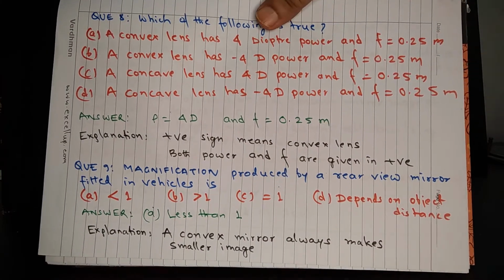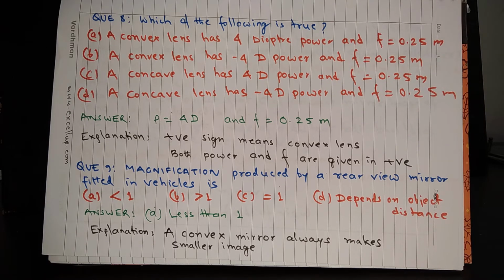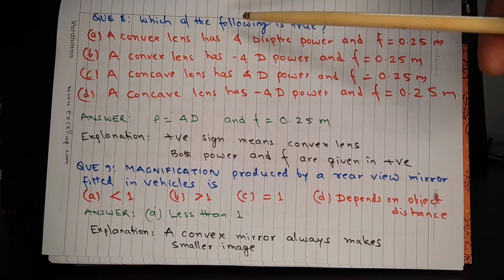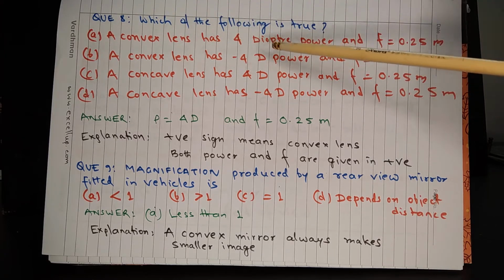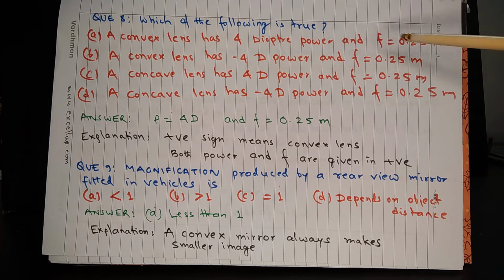Question 8. Which of the following is true? A, a convex lens has 4 diopter power and focal length is equal to 0.5 meter. B, a convex lens has -4 D power and f is equal to 0.25 meter.